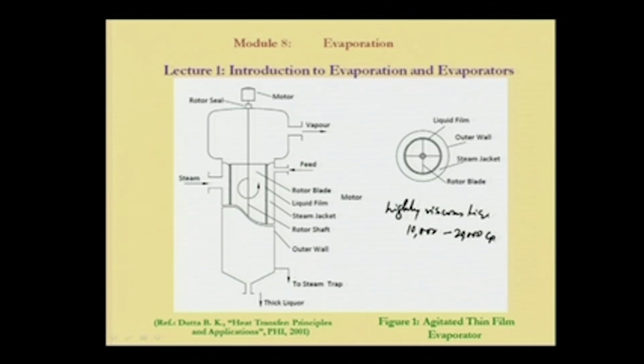Because of the rotation of the rotor blade, a liquid film is generated as shown, and just the thick liquor will come down. So, for highly viscous liquid there will be some agitation. We maintain a film, and the film thickness is maintained here.